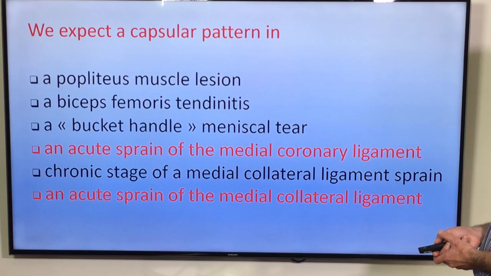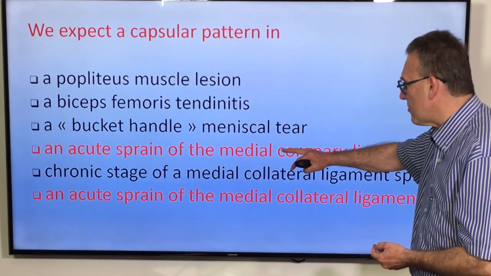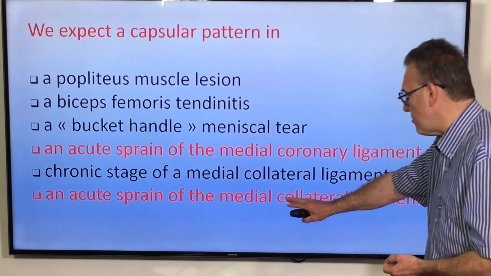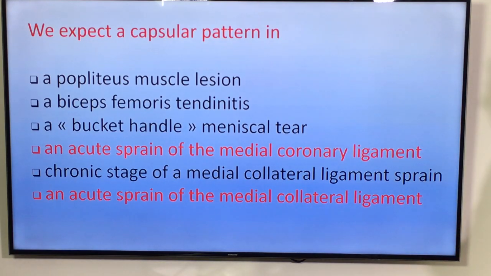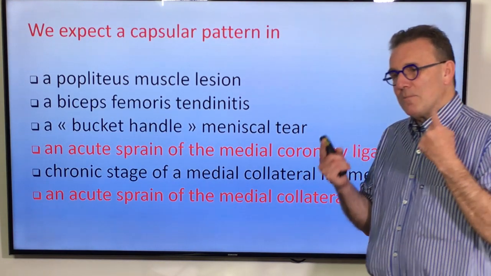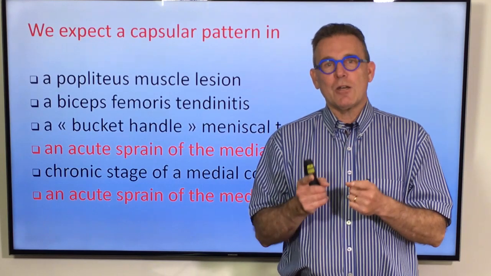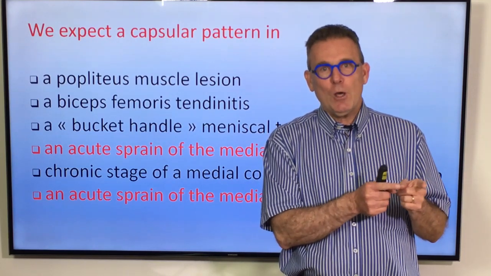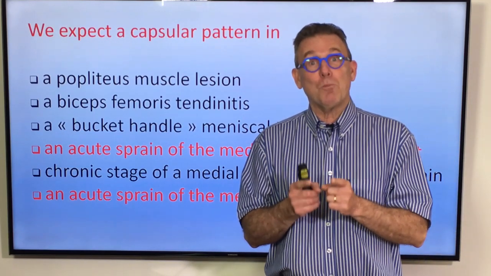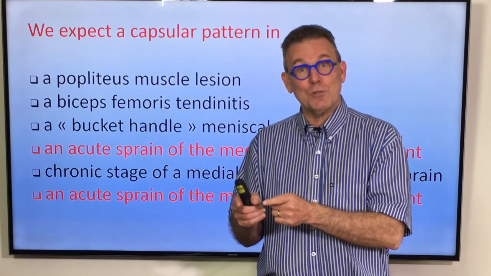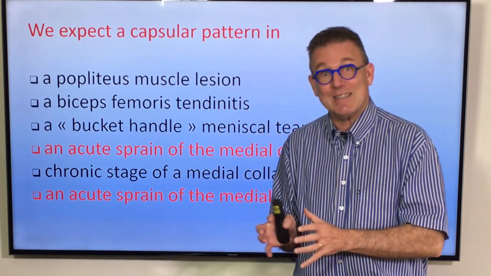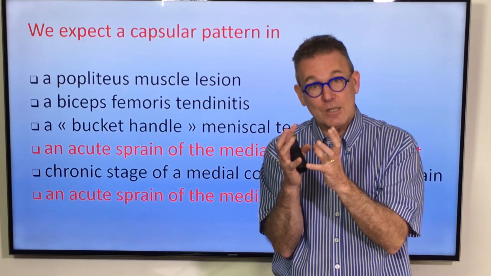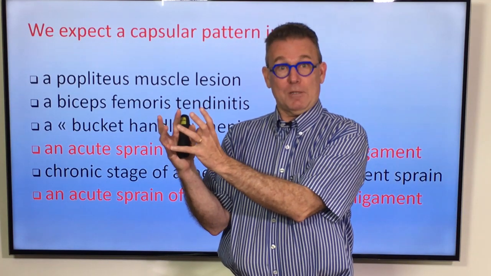Well, in an acute sprain of a medial collateral ligament. Remember, when we have a very nice ligamentous lesion in the knee, automatically we get a post-traumatic capsular reaction. With acute ligamentous lesion, you get the image of a traumatic arthritis plus the ligamentous lesion.